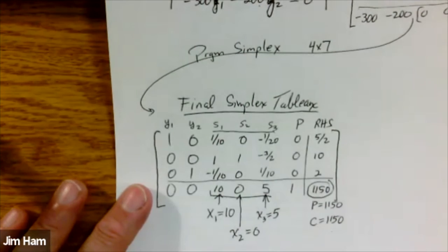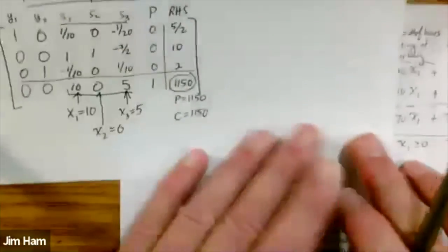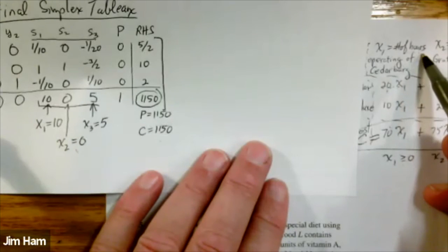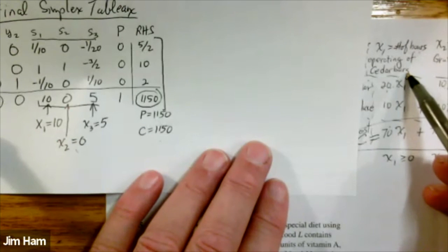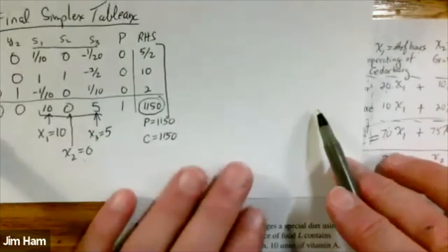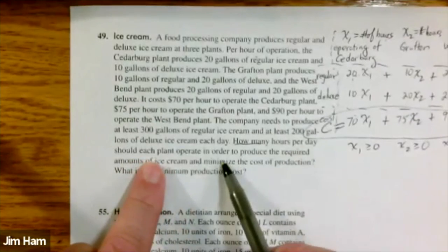They're saying that the minimum solution occurs when x1 is 10, x2 is 0, and x3 is 5. So coming back to this original problem, x1 was the number of hours per day working at the Cedarburg plant. Same for the others. The question asks how many hours per day should each plant operate?